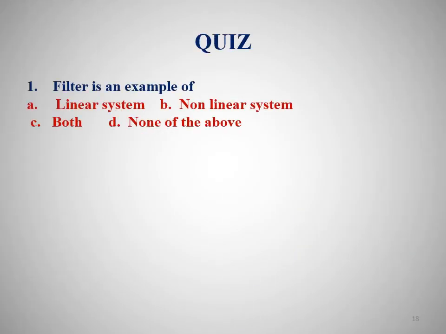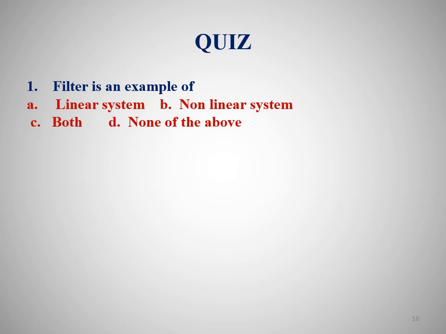Next, let us go on for a quiz considering linear systems, nonlinear systems, stable and unstable systems, invertible and non-invertible systems. Filter is an example of a linear system, nonlinear system, both, or none of the above.